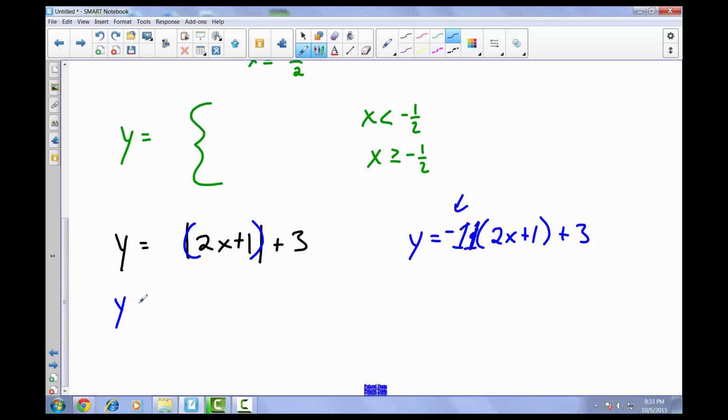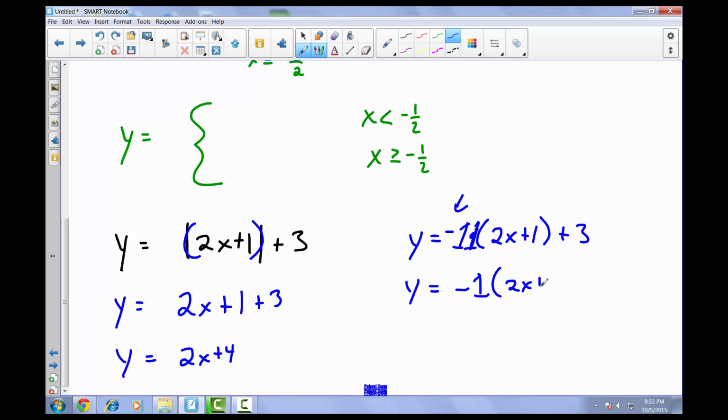So then just solving for each part of our piecewise, we have 2x plus 1 plus 3. And as a result, it looks like we end up with y is equal to 2x plus 4 for this part of the piecewise. Over here, we would end up with y is equal to negative 1 times 2x plus 1 plus 3.